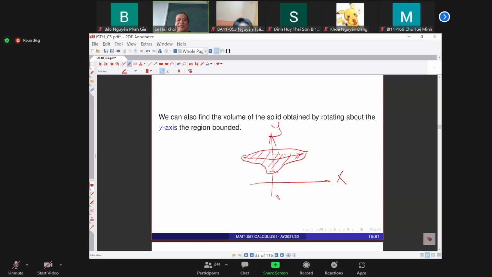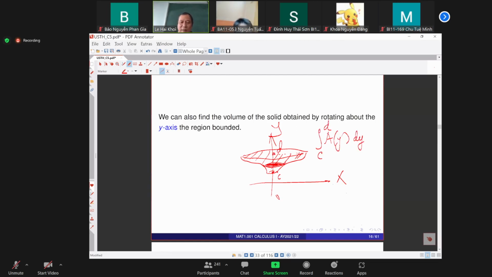This is the y-axis, and in this case, you should first compute this area from c to d, so the integral of A(y) dy from c to d.